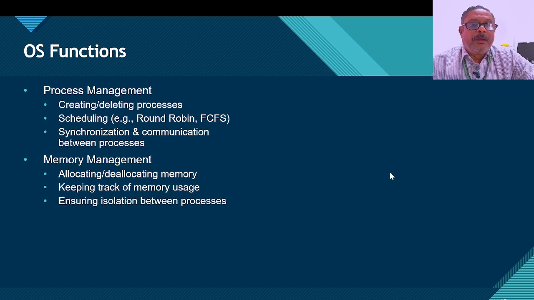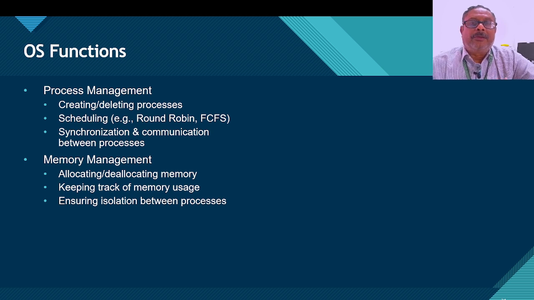And then it also must ensure that the processes are kept in isolation. That means there should not be any overlap of the memory usage by more than one process. Every process should be allocated a unique memory, and not even by mistake should one part of the memory be allocated to more than one process, unless it is required, what we call shared memory.